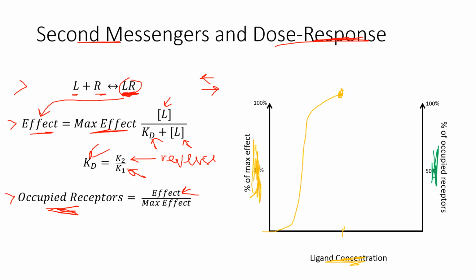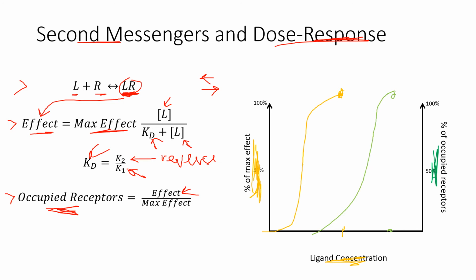However, to get all of your receptors to be occupied, you'll require a larger ligand concentration. And so you see a max effect before a maximum is reached on receptor binding.